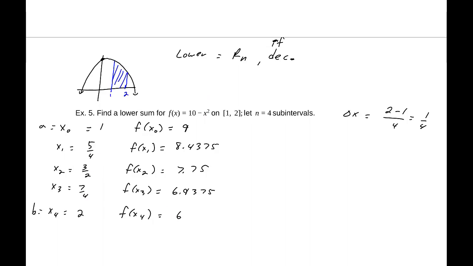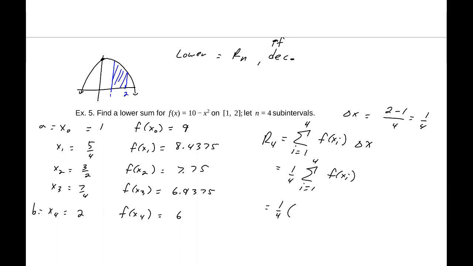Now what we're going to sum is our function values. In this problem, because we wanted the lower sum, what we're after is R4. That'll be the sum from 1 to 4 of f of xi delta x, which will be 1/4 times the sum of our function values f of xi.